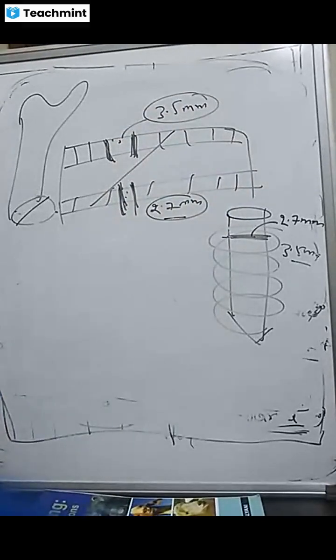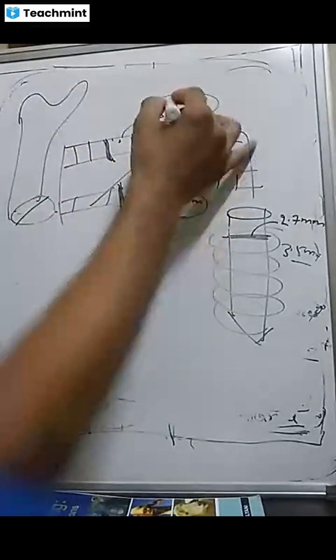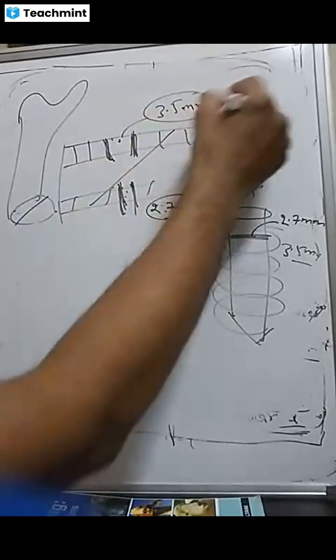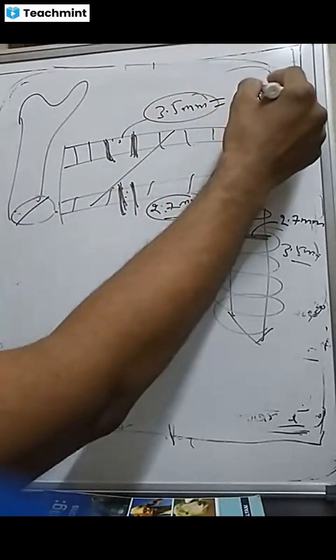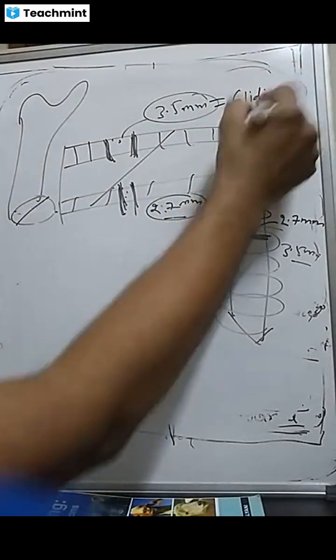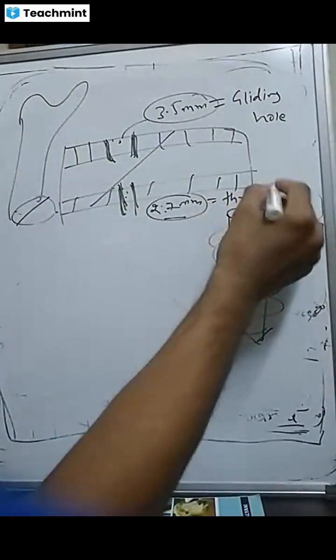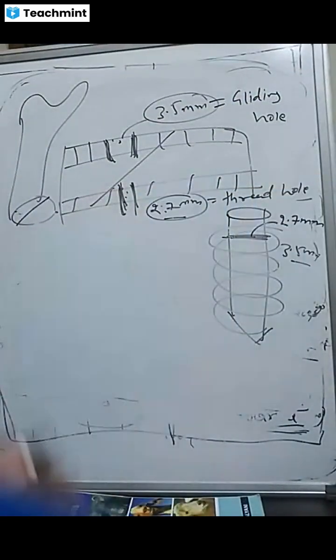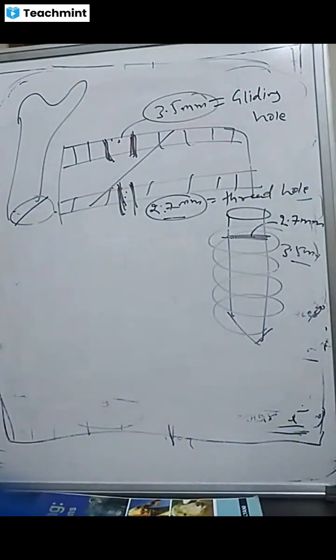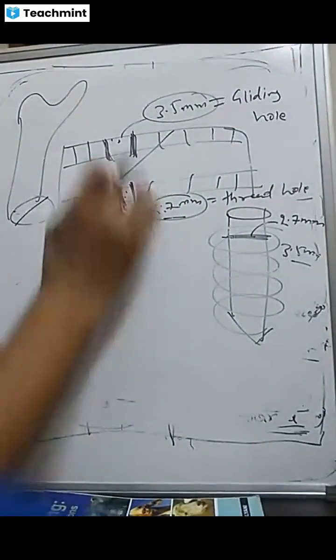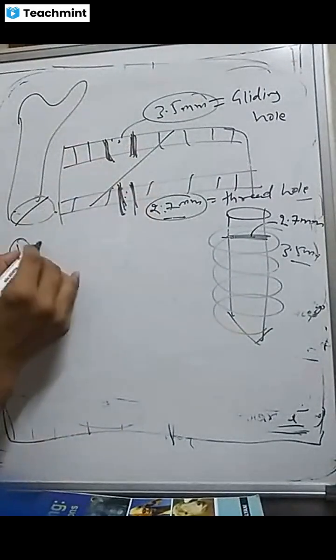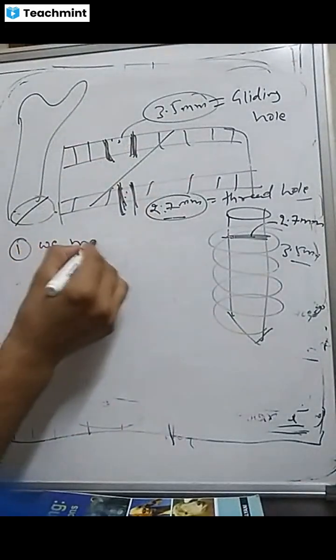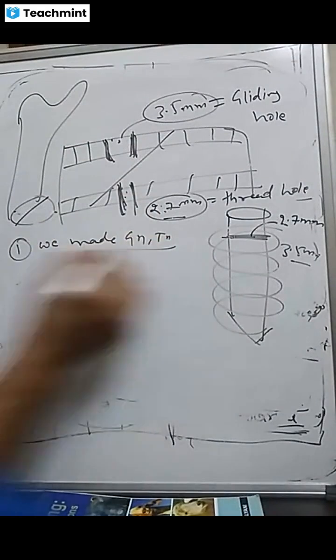I will tell you about making holes of different sizes. This is known as the gliding hole and this is known as the thread hole. So the first step is over: we make the gliding hole and thread hole. Okay.